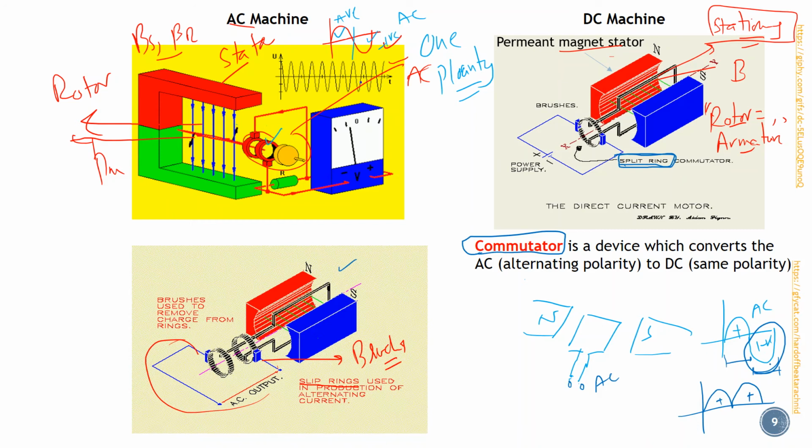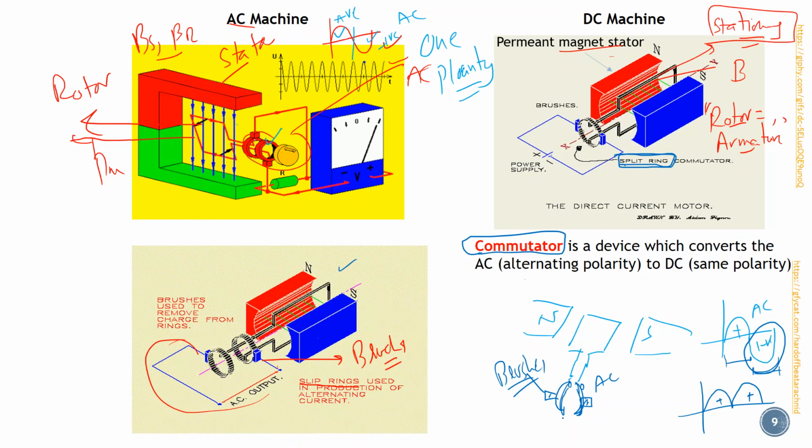To change the polarity for the second half cycle, we will use the split ring, like this one. It is just one ring that is split in half, and here we have the brushes. Now what will happen when half of the rotor cycle is complete?